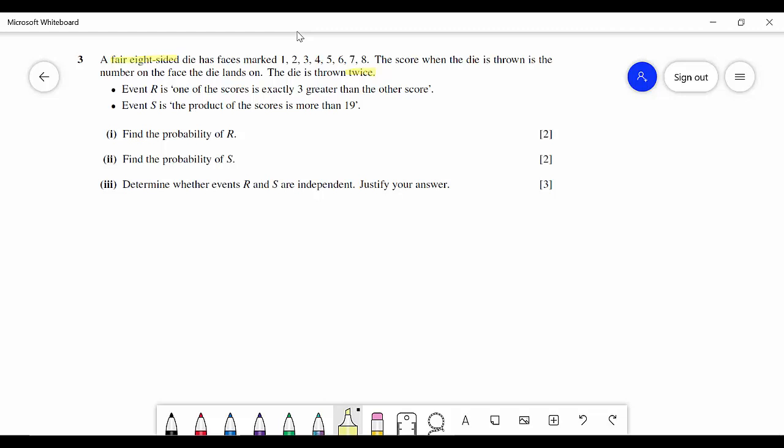For this question, there are a few ways for us to solve it. Because I see the keyword that the die is thrown twice, I think it will be good if I use the possibility space diagram to show my result.